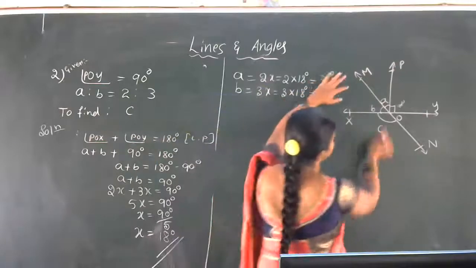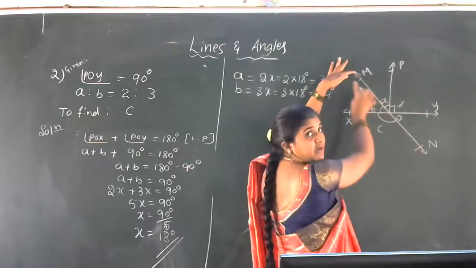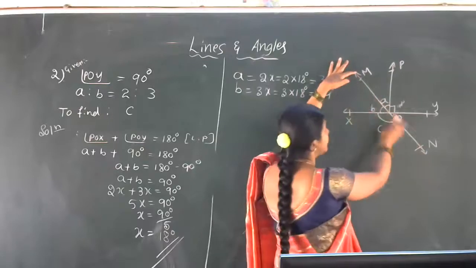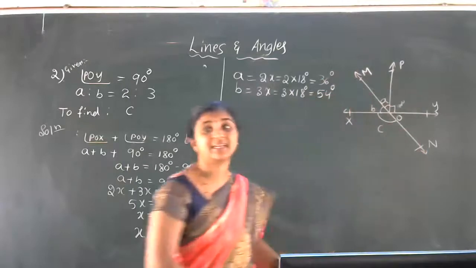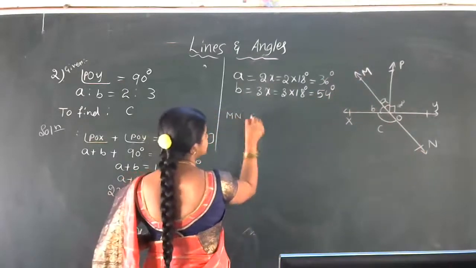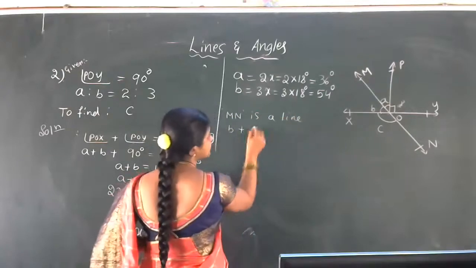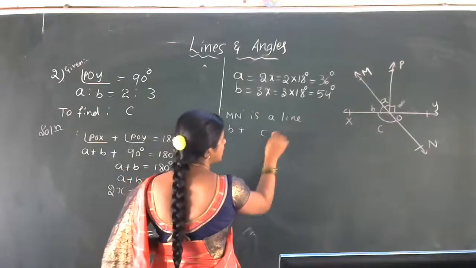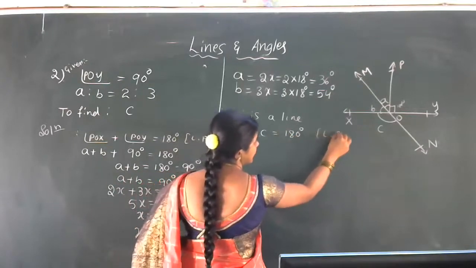How can we use the linear pair? See here, this MN is a line. Are you observing the figure? MN is a line, in the sense angle B plus angle C forms 180 degree. Therefore, angle B plus angle C is equal to 180 degree, it forms a linear pair in the figure.